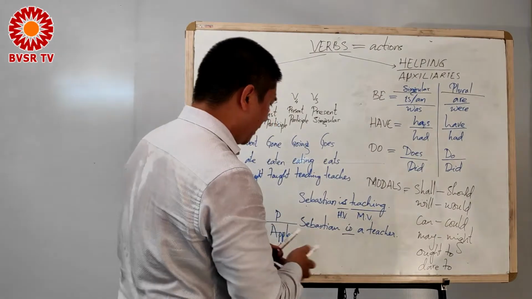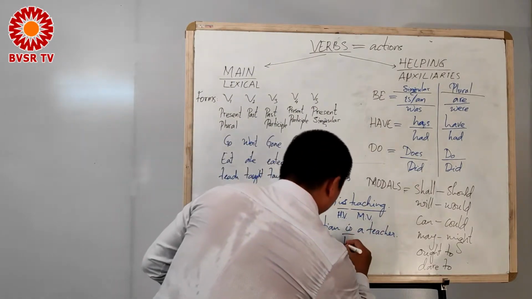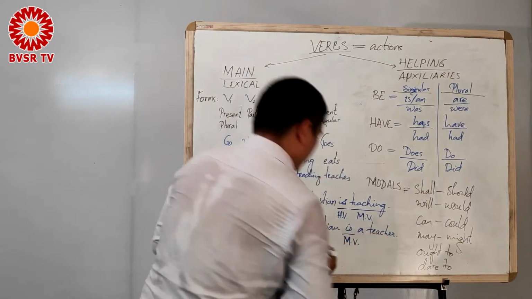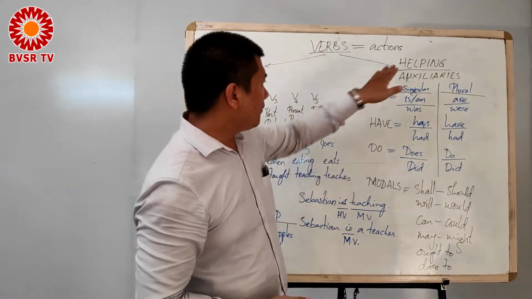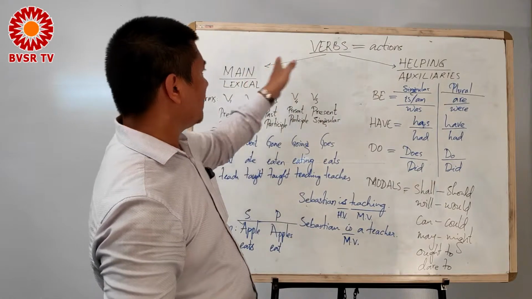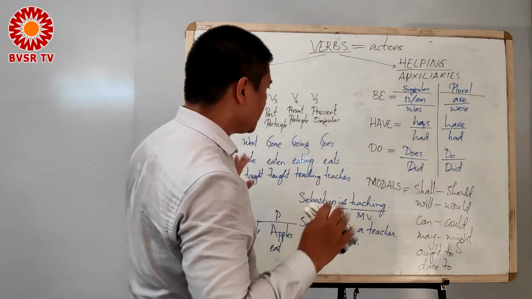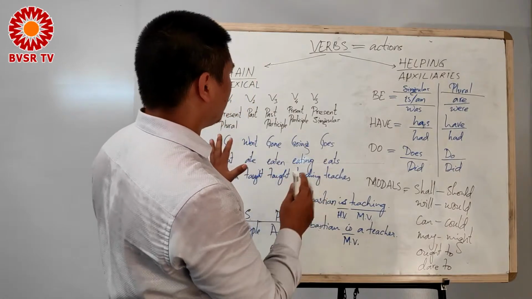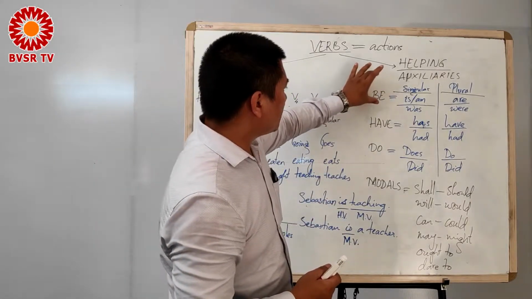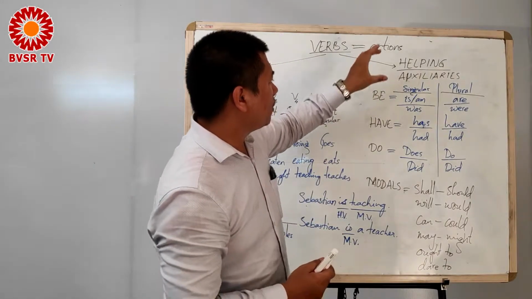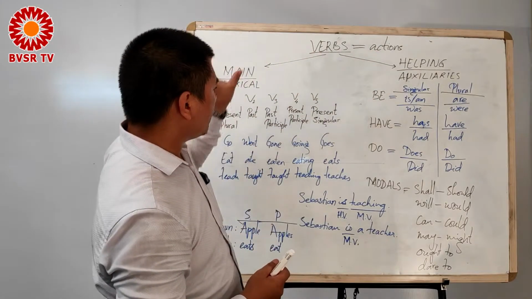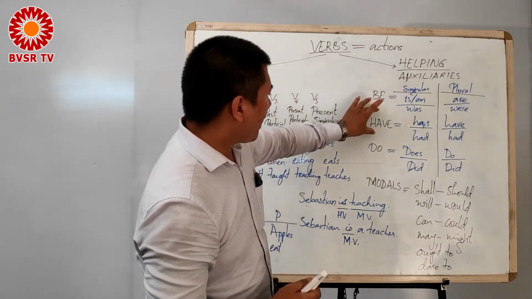Instead we call it a main verb. That is what I was talking about. If a helping verb is not helping the main verb, then it is called a main verb. Clear, guys? So as of now we are clear about this. Now I'll briefly tell you how to use be along with the main verb, and have with the main verb.